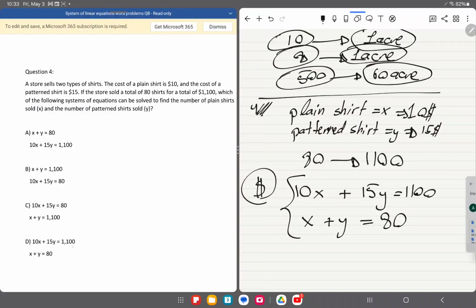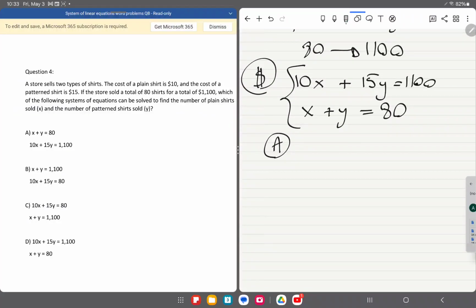A and D look exactly the same. They're the same functions, so I'm going to choose A. Okay, so let us go to question 5.